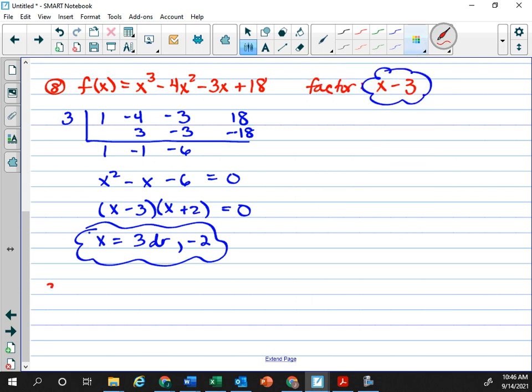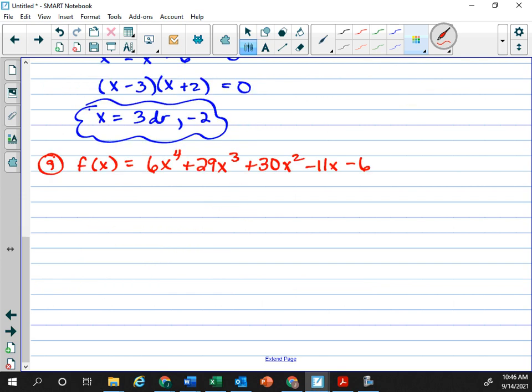Okay, this time your f of x is kind of large. It's 6x to the 4th plus 29x cubed plus 30x squared minus 11x minus 6, and you're given 2 factors to start with.